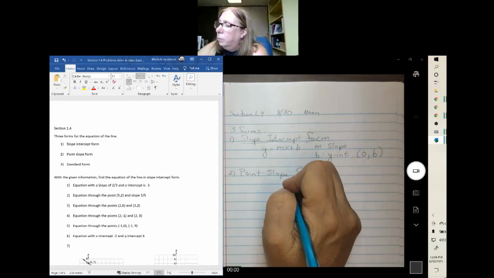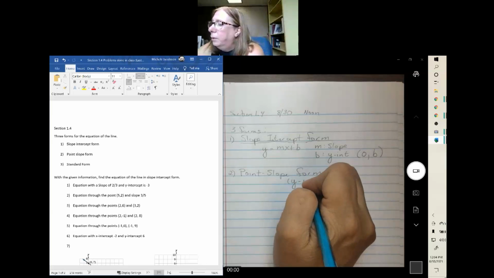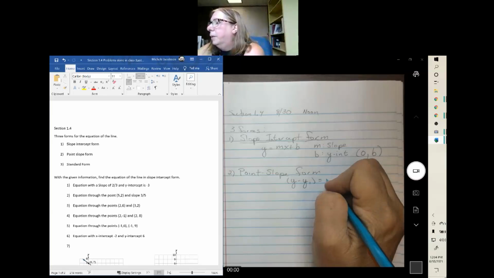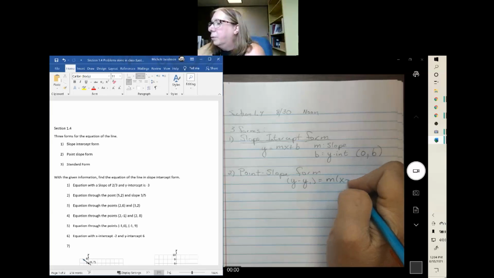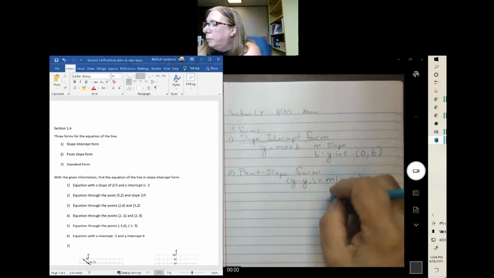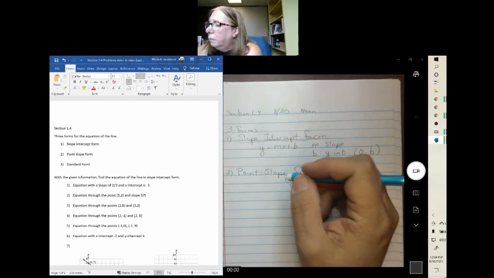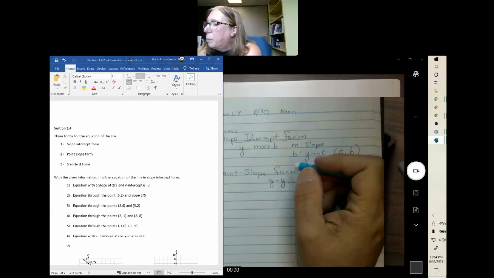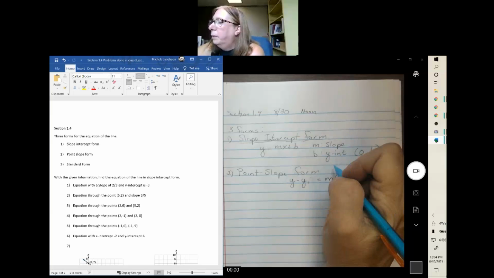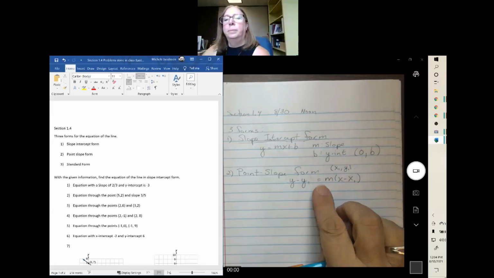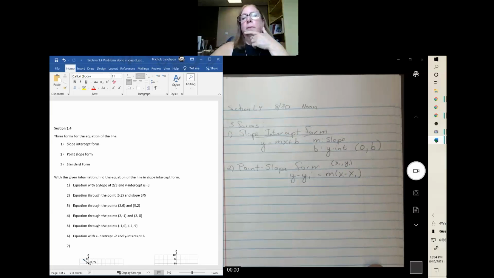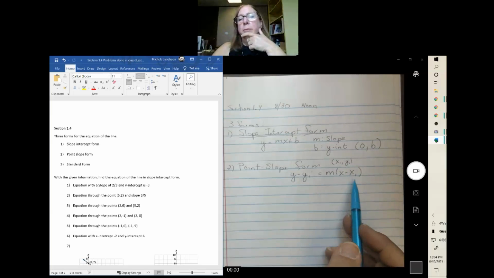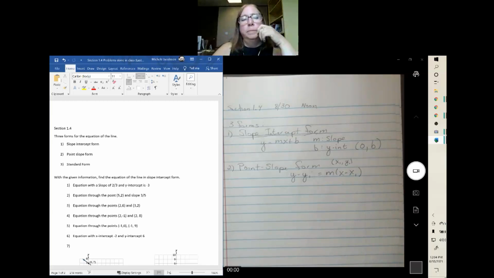It's y minus y1 equals m times x minus x1, and parentheses don't have to be on this one. So you have a point, x1 and y1, and you have a slope. Hence point-slope form.